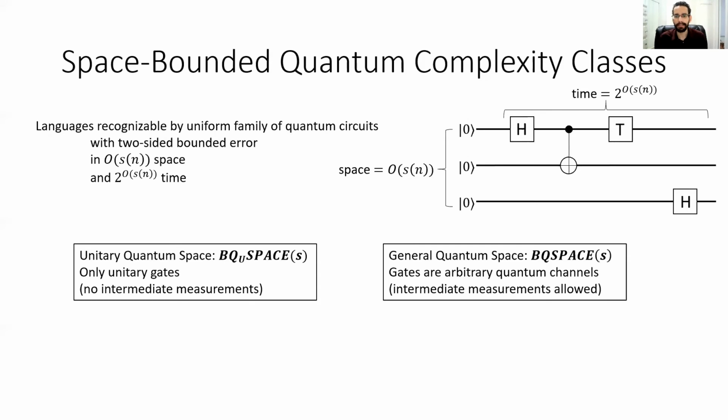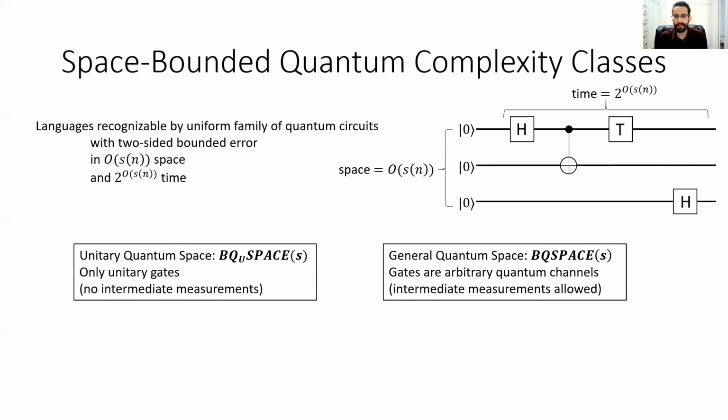Secondly, we define BQ space S as our model of general quantum space, where now the gates are allowed to be arbitrary quantum channels. In particular, a general quantum algorithm can apply unitary gates and perform intermediate quantum measurements, where the results of those measurements can be used to control later stages of the computation.